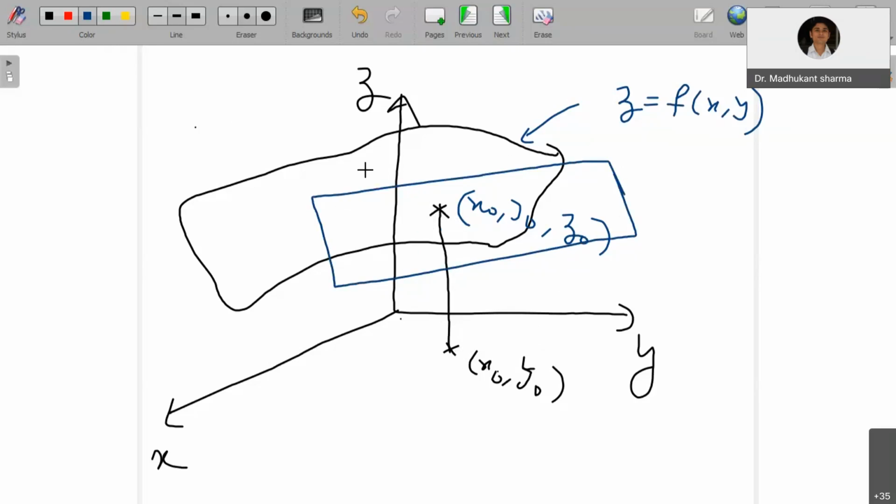It's a kind of rectangular plate, horizontal to the xy plane.